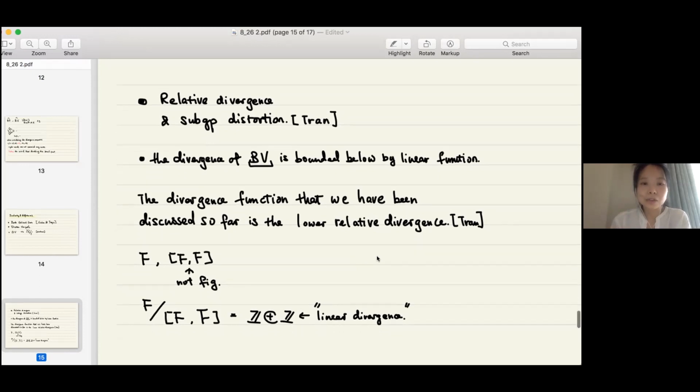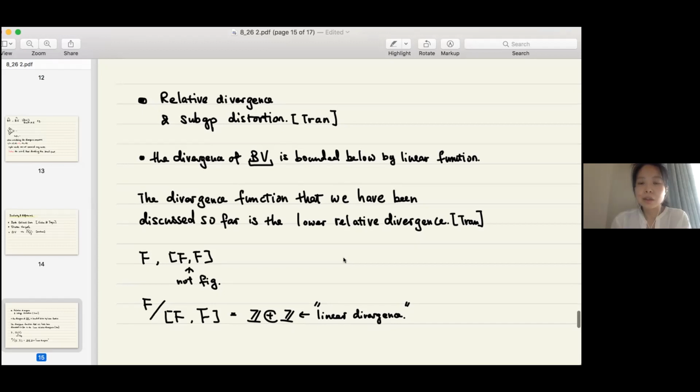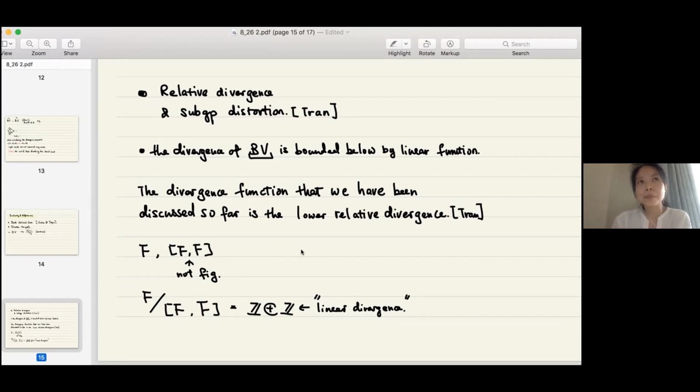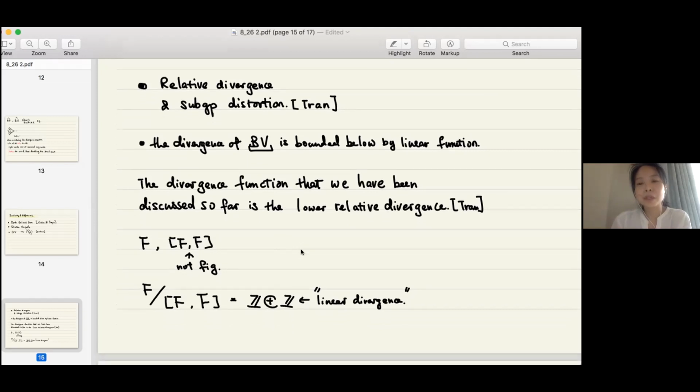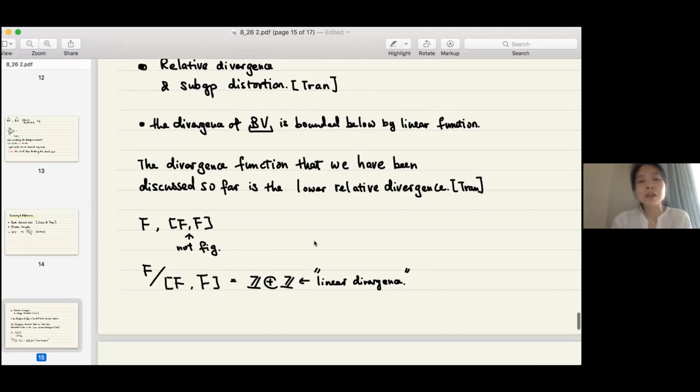And also in the definition of Chance, this divergence function is actually the lower relative divergence. So it might be more effective probably to look at some other notions.